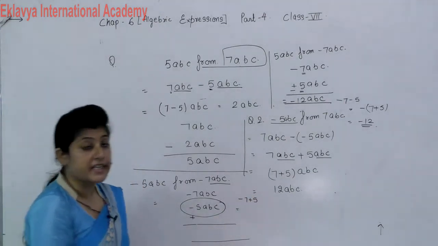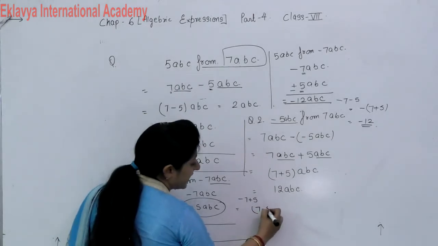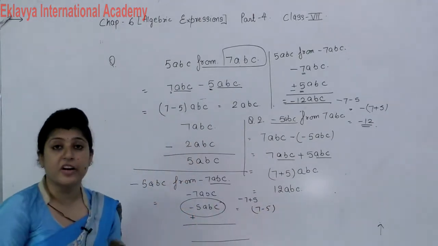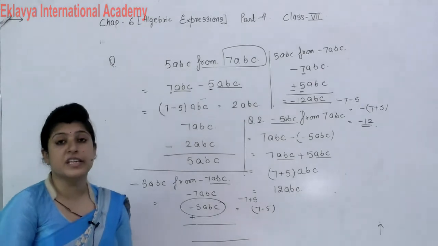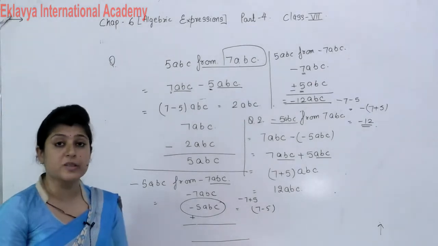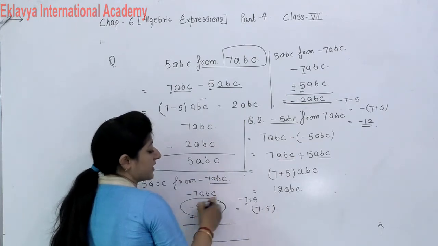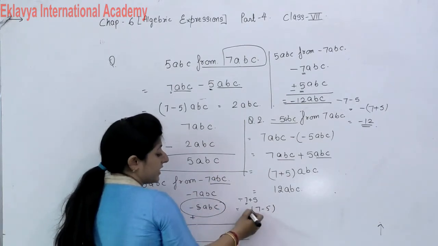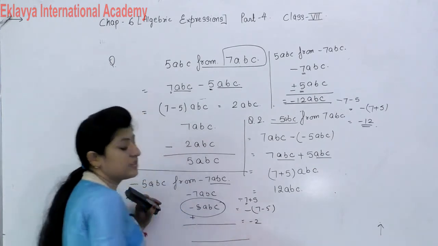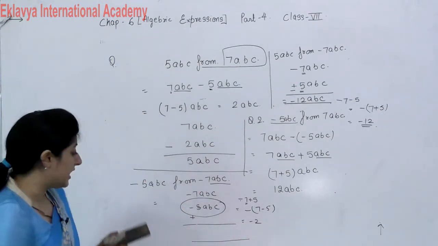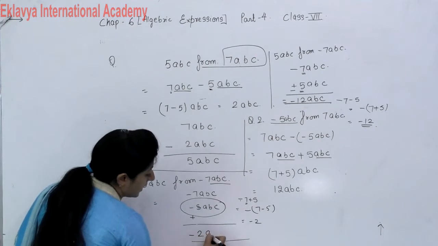Minus plus minus, as I already said, in the bracket write down 7 minus 5, because in subtraction we always take the greater value minus the smaller value. But we consider the sign here. Which one is greater? 7. With 7 we have a negative sign, so obviously our answer comes in negative. Then I get minus 2abc.